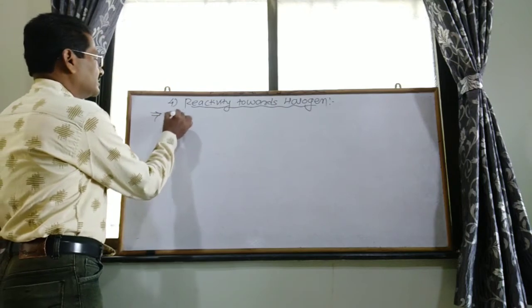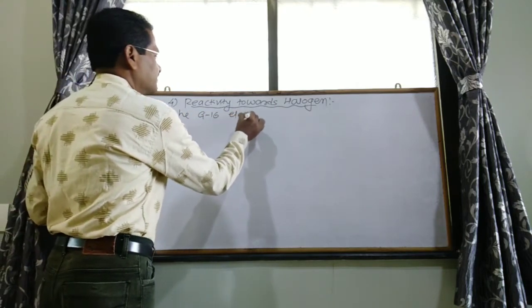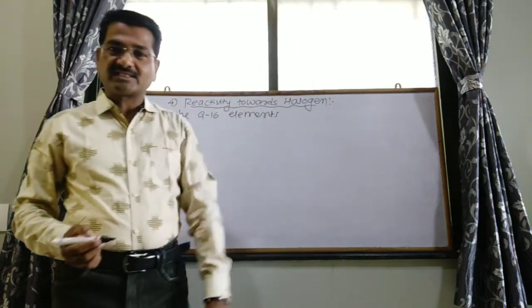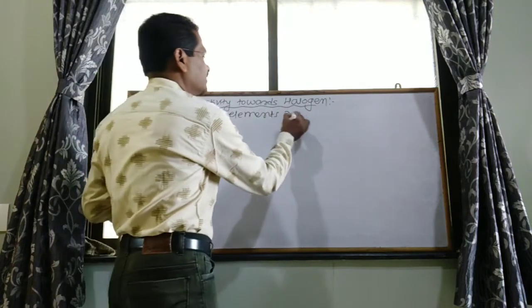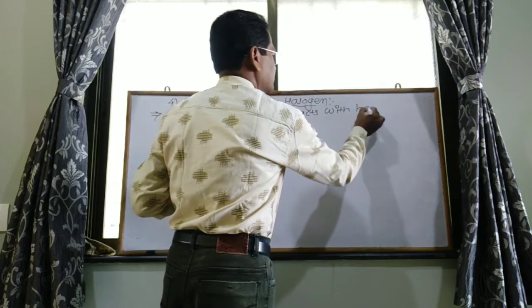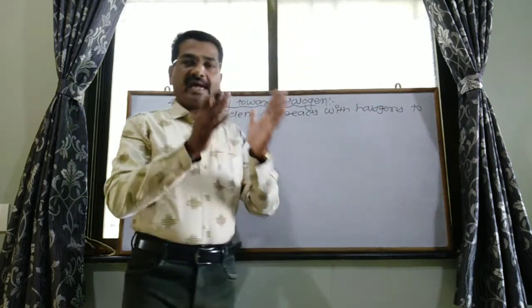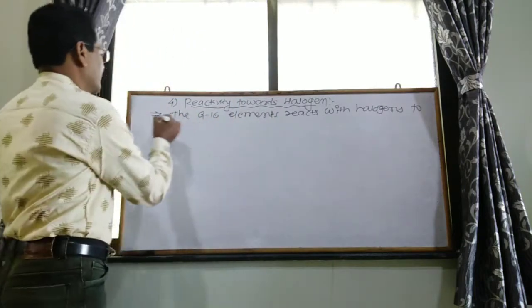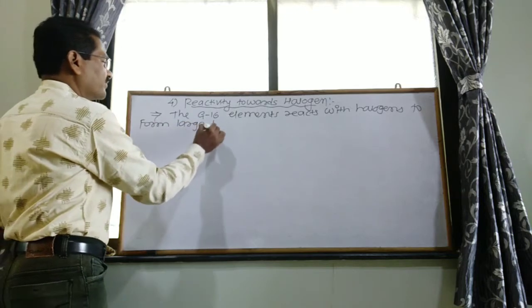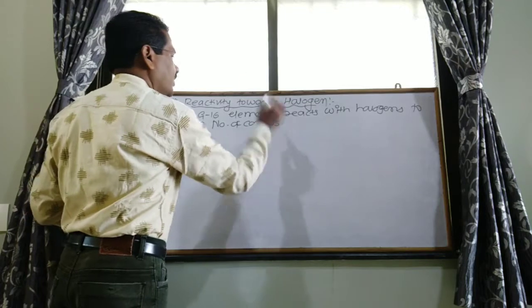The group 16 elements react with halogens to form a large number of compounds.